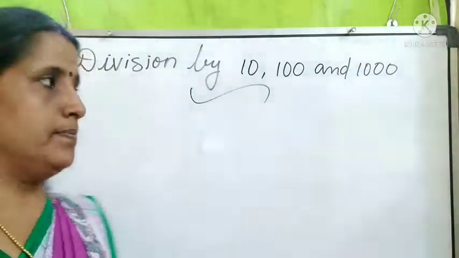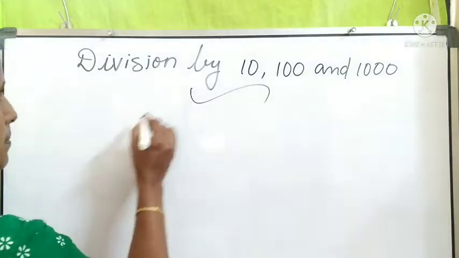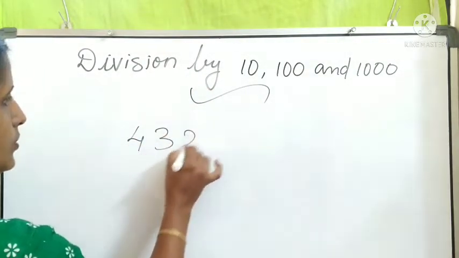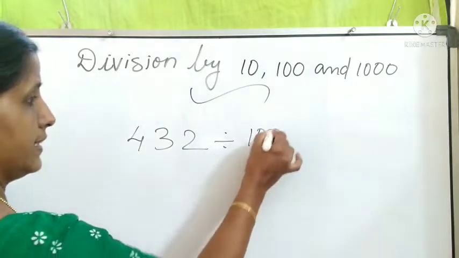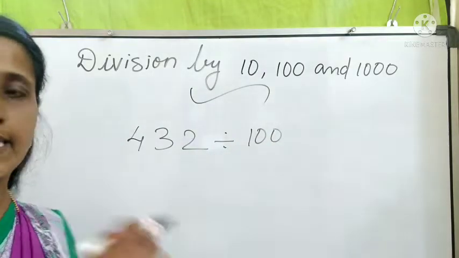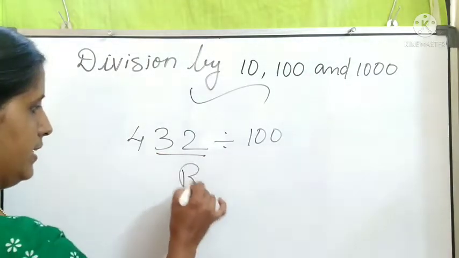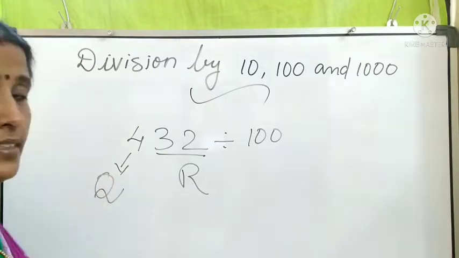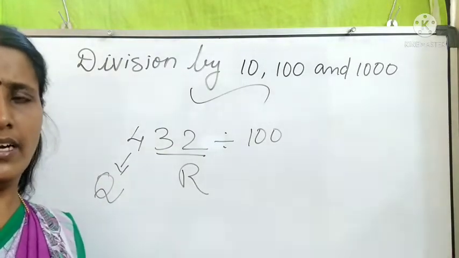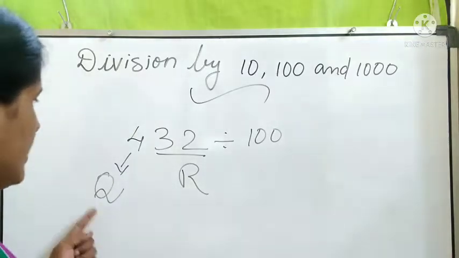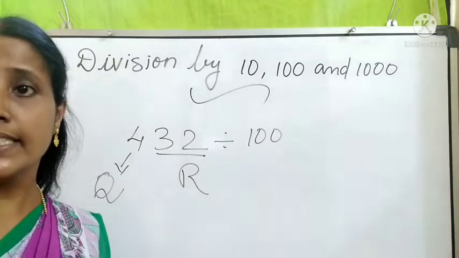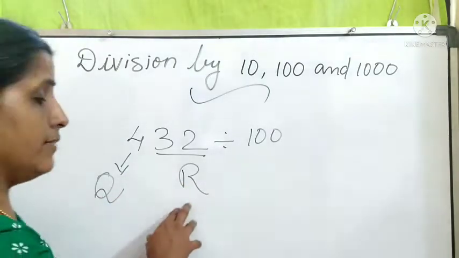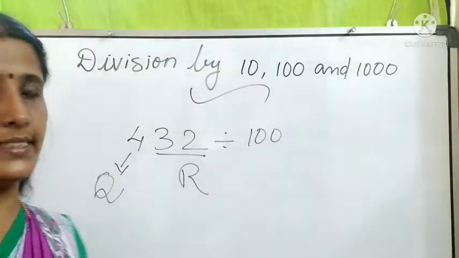In the same way, when a number is divided by 100, for example 4032 divided by 100, the ones and tens places form the remainder and the remaining digits form the quotient. Understand? So, I ask one question. What is quotient and what is remainder? Remainder means when we are dividing a number by a divisor, the balance we get is the remainder.